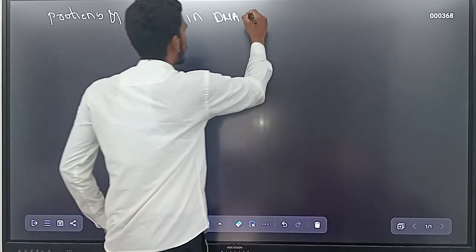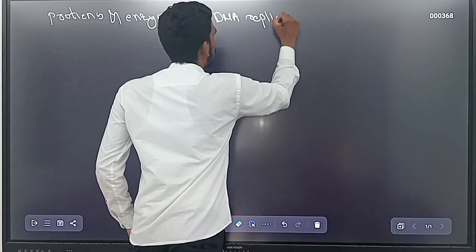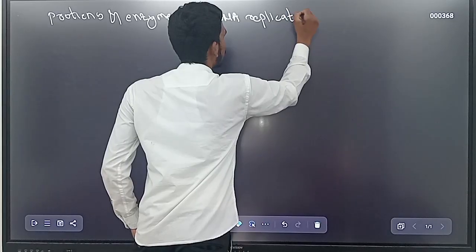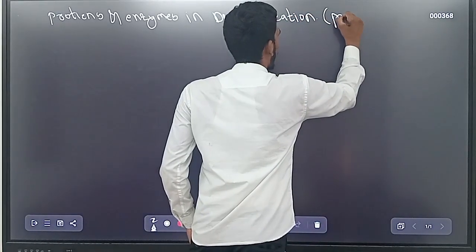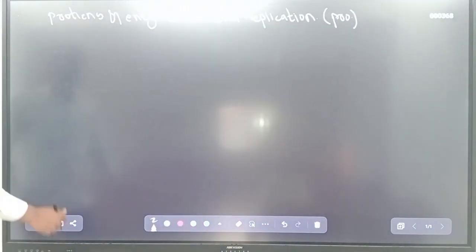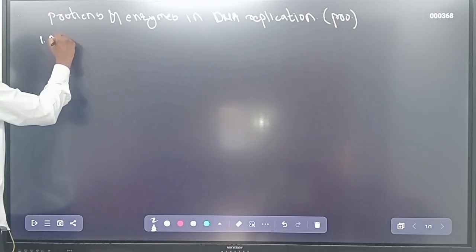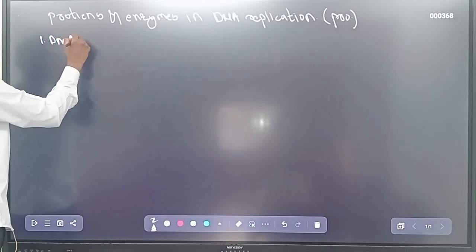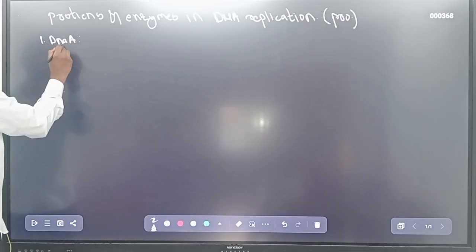This is the point of termination, or we can simply say termination. Because this process goes on in opposite directions from the point of origin of replication, this is simply called the bidirectional nature of the replication of DNA in prokaryotes, especially with the example of E. coli.